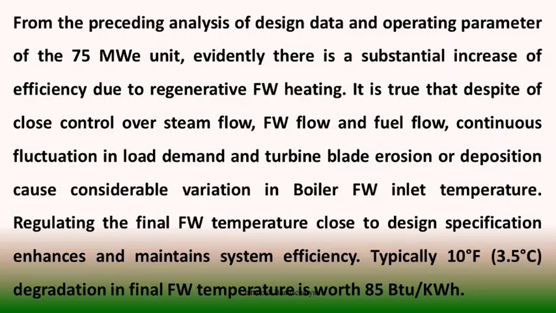So we compared the parametric conditions and efficiency of the unit with respect to design data and operating parameters of the 75 megawatt unit when the HP heaters are available with LP heaters, and when HP heaters are not available, and we are trying to generate at MCR condition.